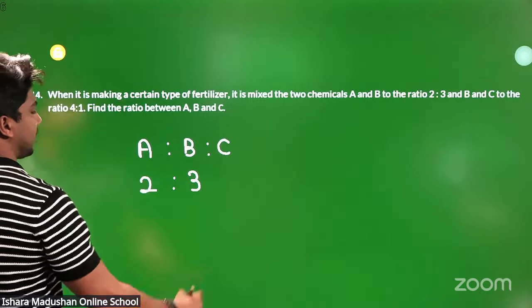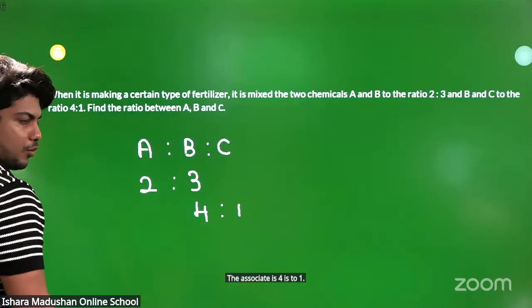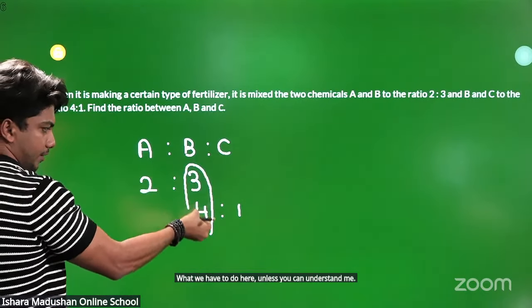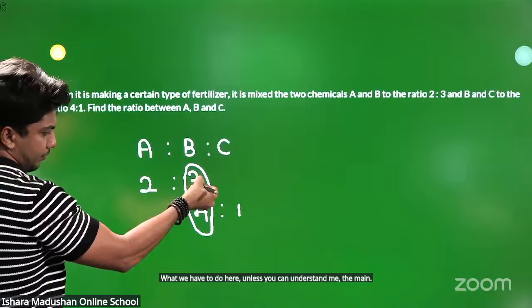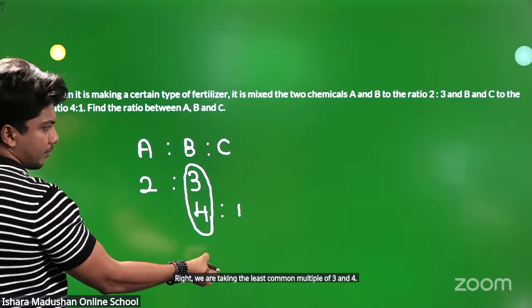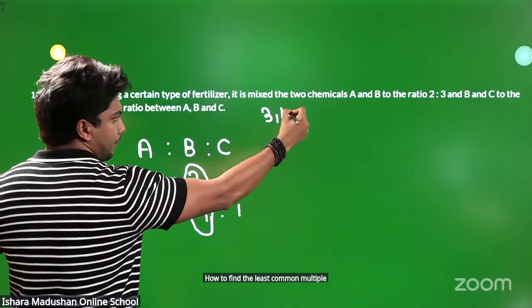B is to C is 4:1. What we have to do here, you can understand me. The common one. We are taking the least common multiple of 3 and 4. How to find the least common multiple of 3 and 4?